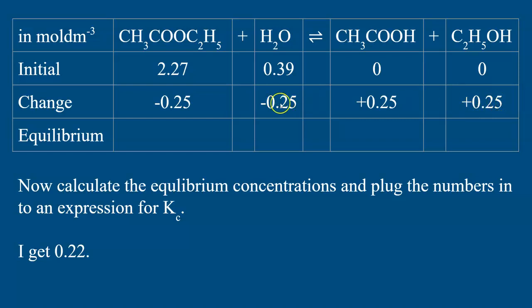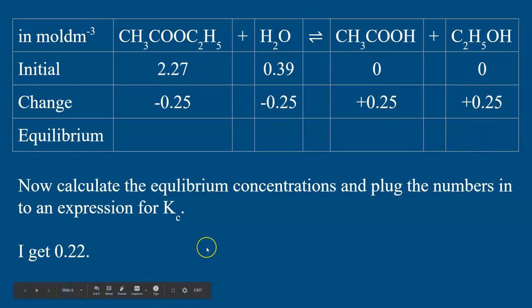And that also means, because it's a one-to-one reaction, the amount of these two substances, that and that, must have decreased by the same amount that that has increased. Okay, that amount is simply from the question. So to work out the equilibrium amount, you just do the maths. That minus that, that minus that. It doesn't take a genius to then work out those two.